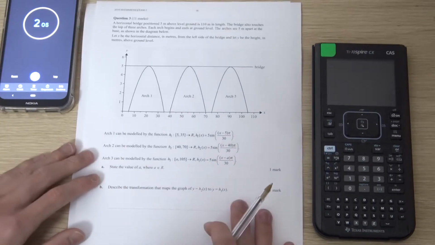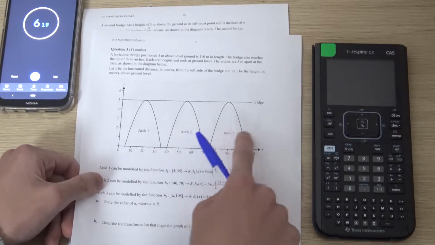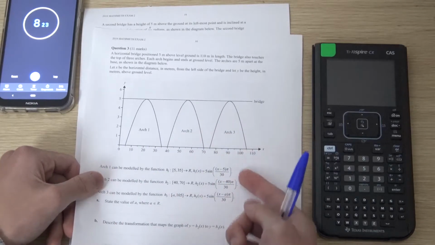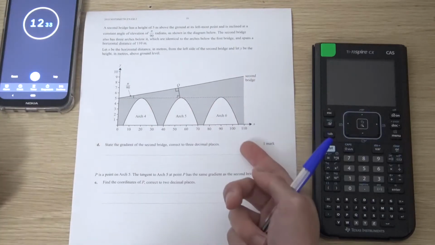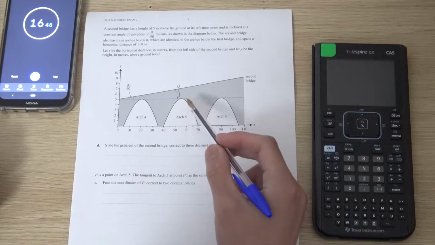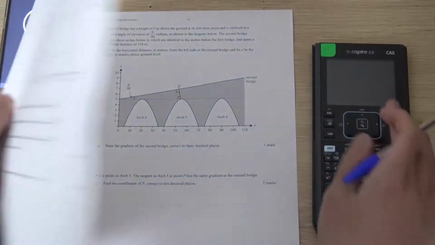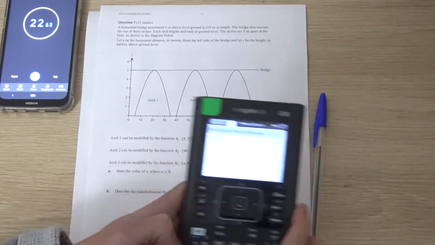So first of all, I've noticed that since these 3 bridges are the same, it really doesn't matter which one of these we choose. But on this next page, we do use this second arch right here quite a lot in order to find out this length. So it would be a wise idea to define our function h2.